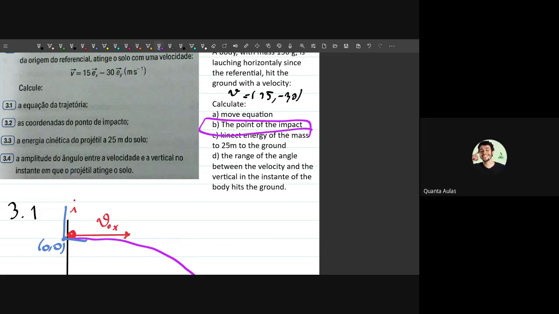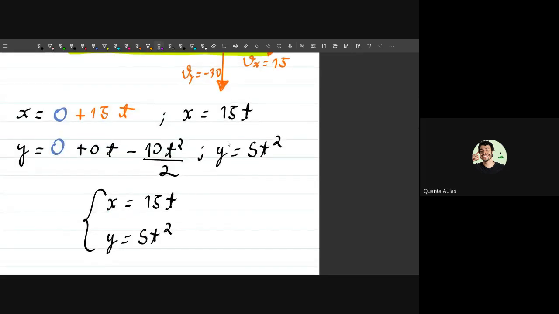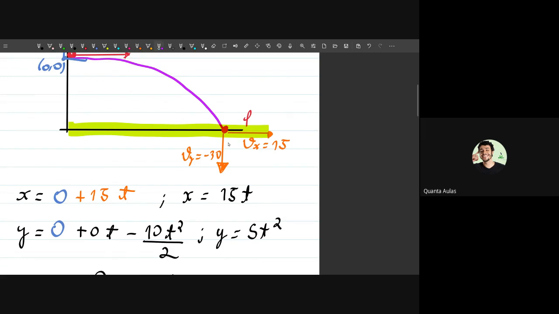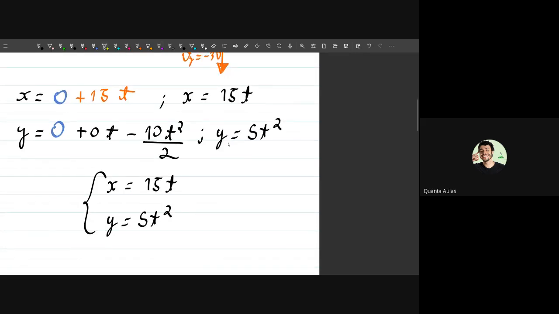Okay. How do we know this time? We know this time because we have the velocities. So you can use the equation of the velocity, V equals V0 plus at, right? So use this equation to get the time, and put this time in these equations here, okay?